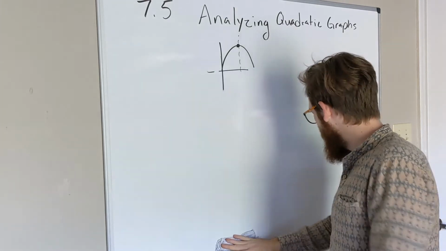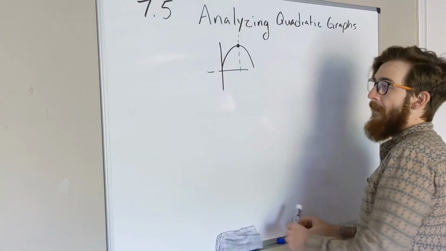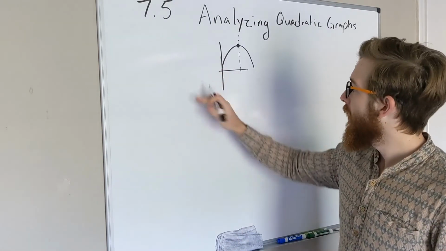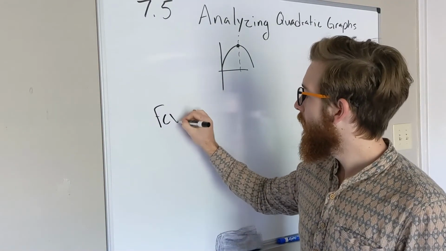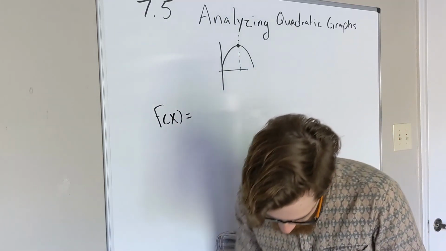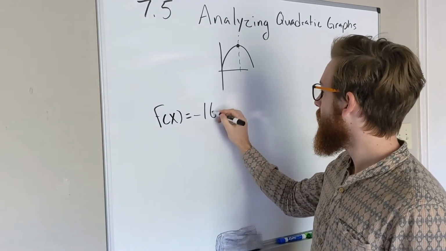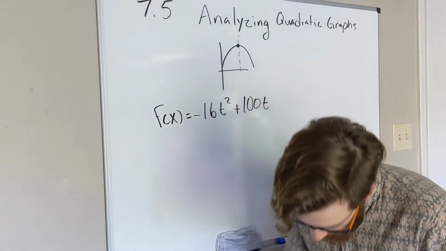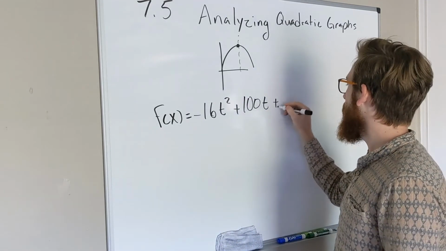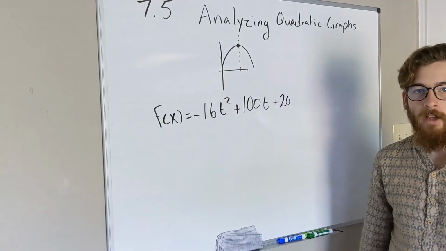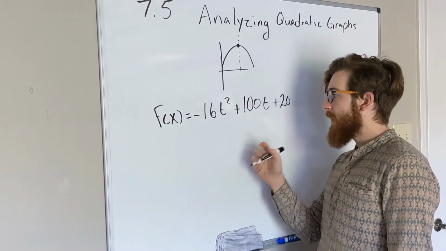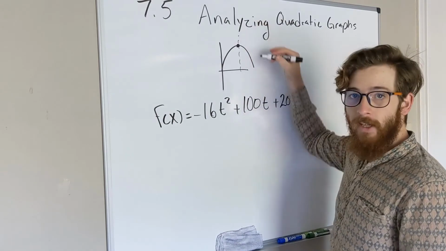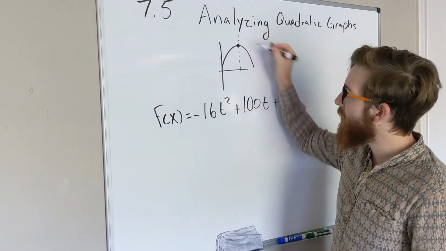So I've got this rocket, and I launch it into the air, and it is determined that the rocket follows this function: negative 16t squared plus 100t plus 20. Okay, so I need to follow that same idea. I have to find the vertex, because that's where this maximum is going to occur.